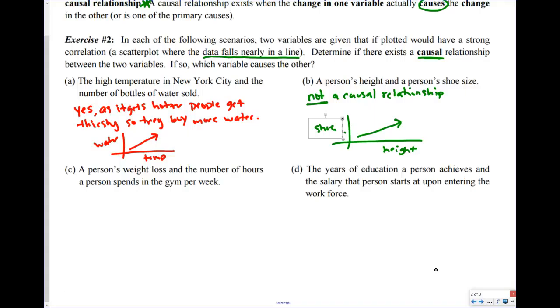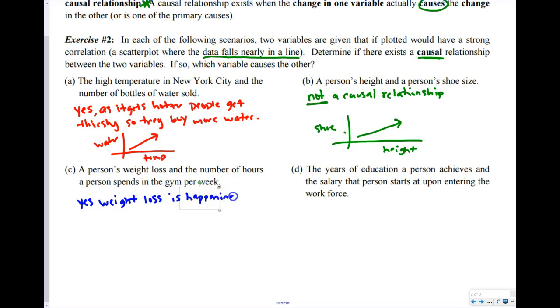So is someone's weight loss dependent on how much time they spend in the gym? In other words, is the weight loss caused by them exercising? Yes, absolutely. When you exercise, you're going to lose weight because you're exercising. So yes, weight loss is a cause. Oh, wait, I'll write it this way.